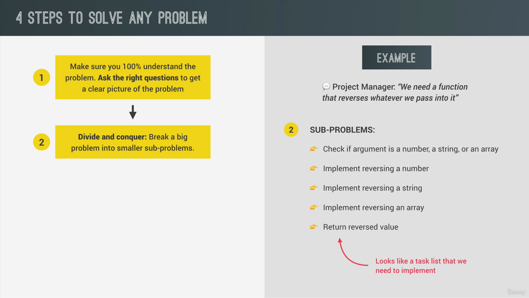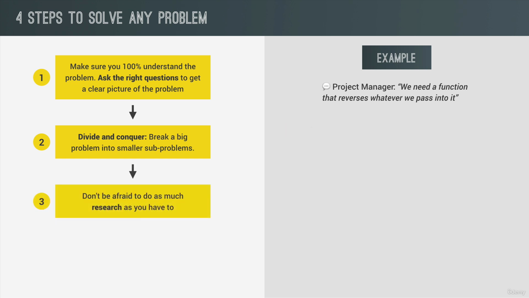But now let's say that we actually do not know how to implement one of these subproblems. Well, in that case, we should not be afraid of doing as much research as we have to. Now, of course, we should always first try to implement a subproblem on our own using our own coding abilities.